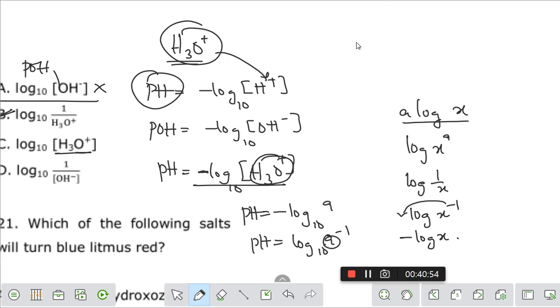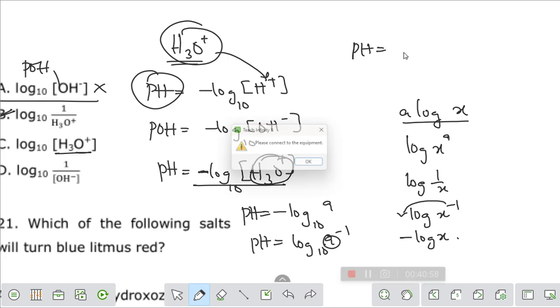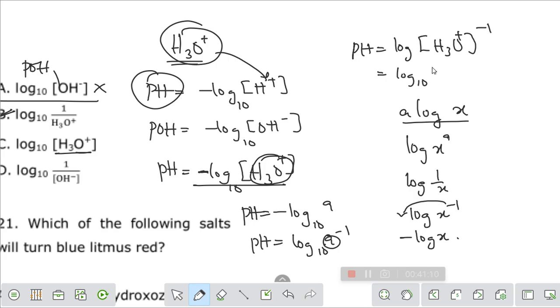It will now be equal to log of H3O+ raised to minus 1, right? So it's the same thing as log base 10 of 1 over H3O+. I told you any number raised to power minus 1 is 1 over that number. So that's what they did.